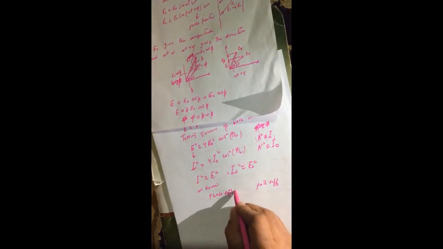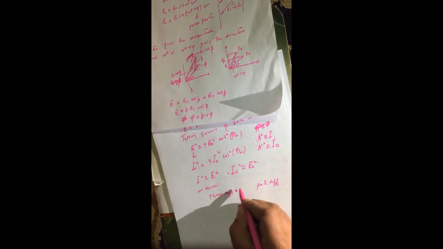the relation, we know that the relation between phase difference and path difference, because we know that the phase difference is related to the path difference by a factor 2 pi over lambda.